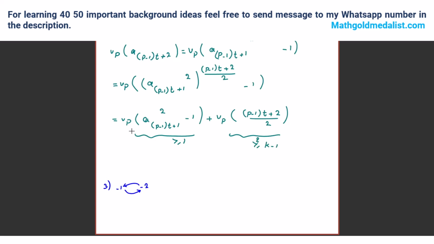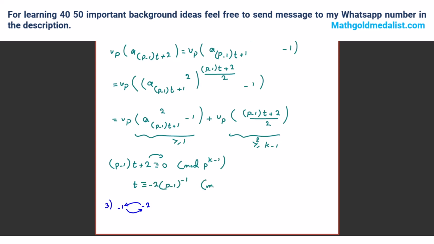So we should find a good T, because 2 has no effect on P. So if it is a multiple of p to the k minus 1, this one also is a multiple of p to the k minus 1. So P minus 1 T plus 2 should be 0 mod p to the k minus 1. Again, like the previous one, you can take 2 to the right-hand side and multiply by the inverse. So T is congruent to negative 2 times the inverse of P minus 1 mod p to the k minus 1. Okay, so we proved this case also.